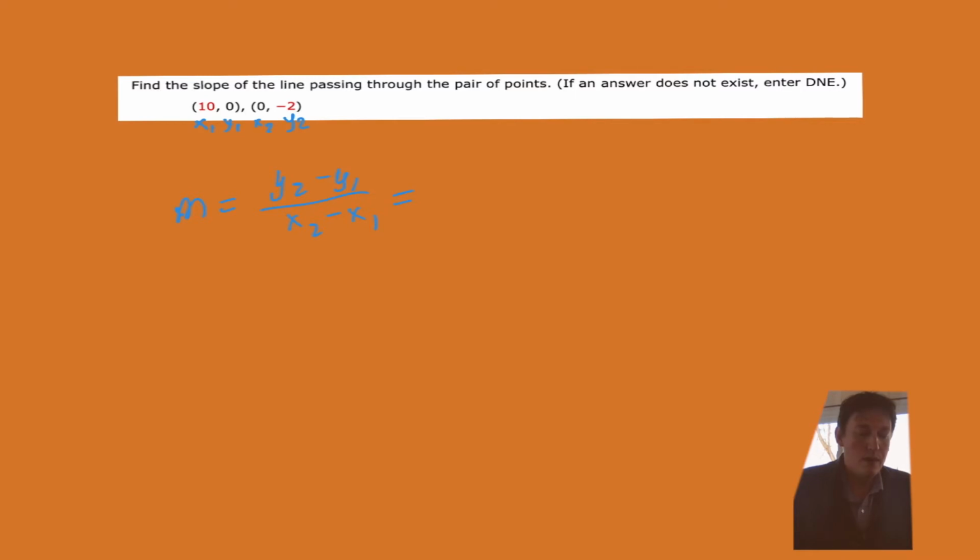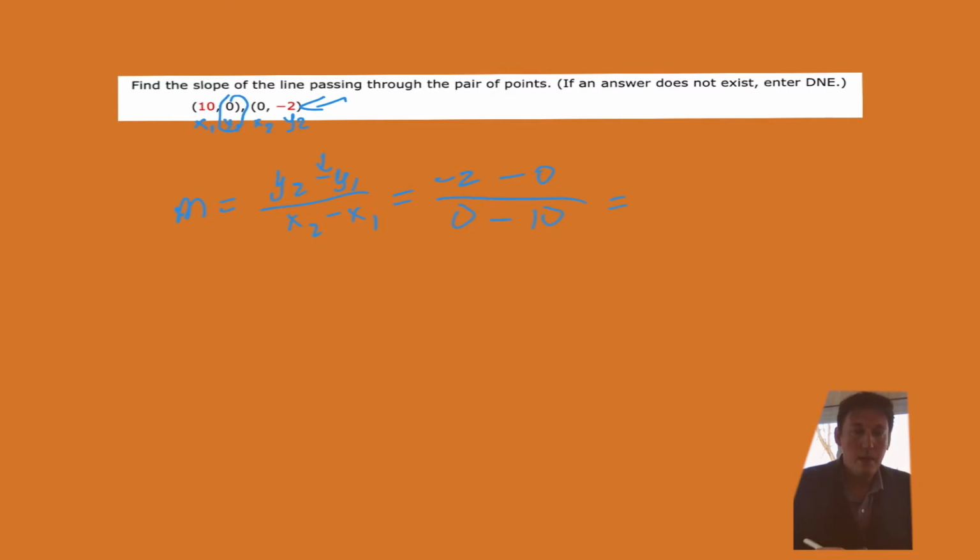So our y2 value, notice, is here, it's negative 2. Minus comes from the formula. Y1 value, which is 0, divided by x2, which is 0, minus x1, which is 10.